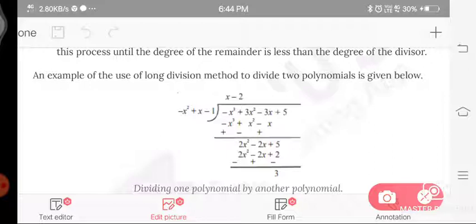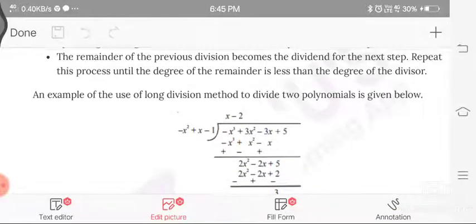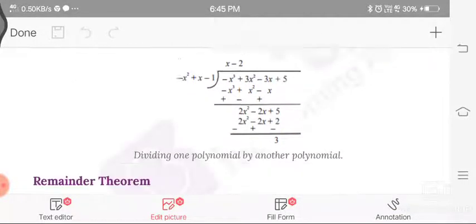So we repeat this process until the degree of the remainder is less than the degree of the divisor. Here the remainder is 3, so the degree of the remainder is less than the degree of the divisor here.